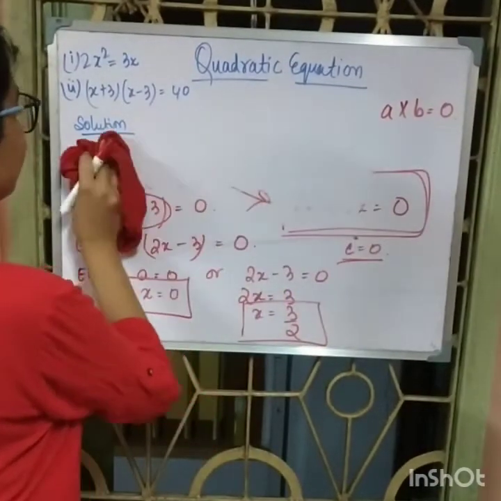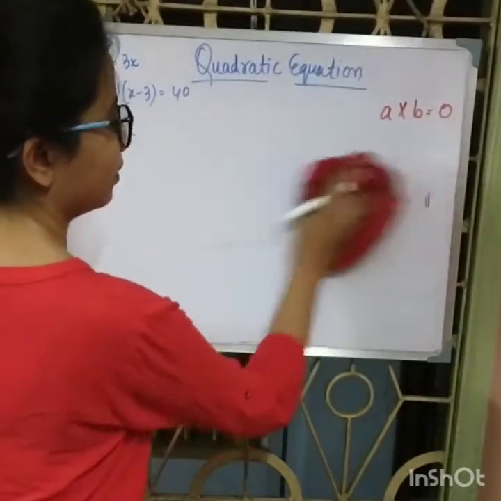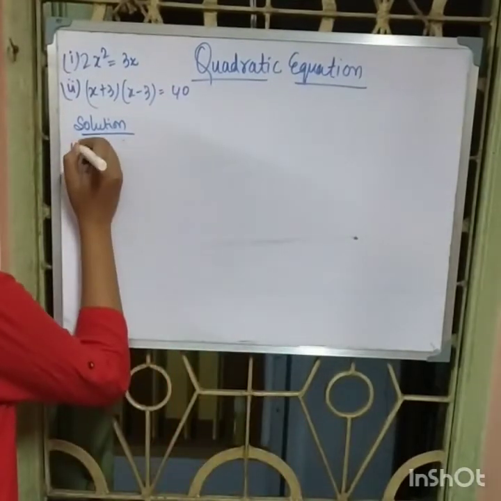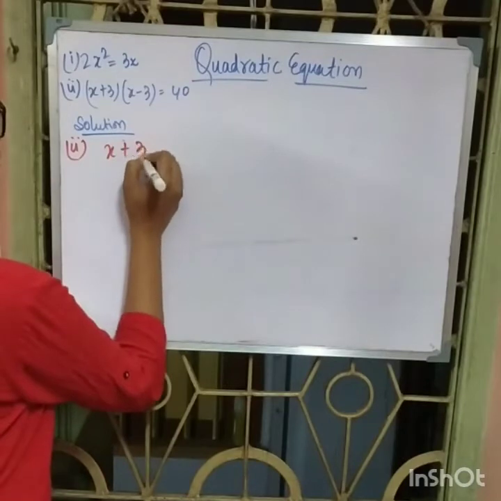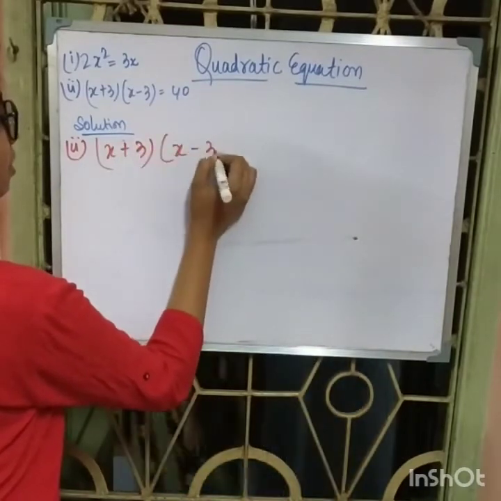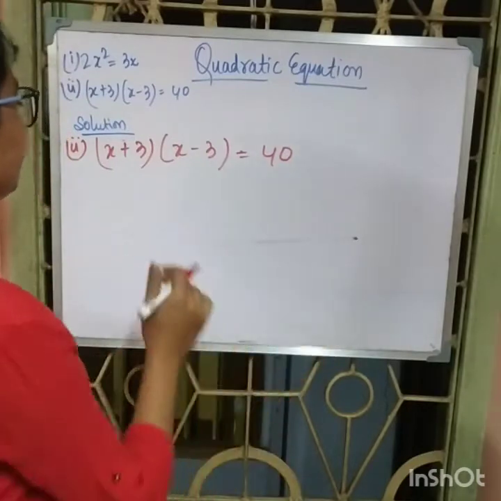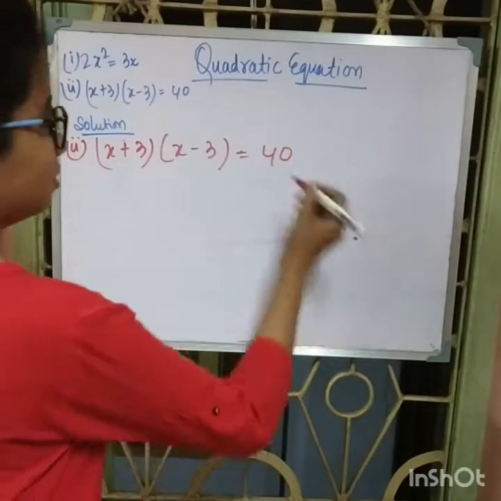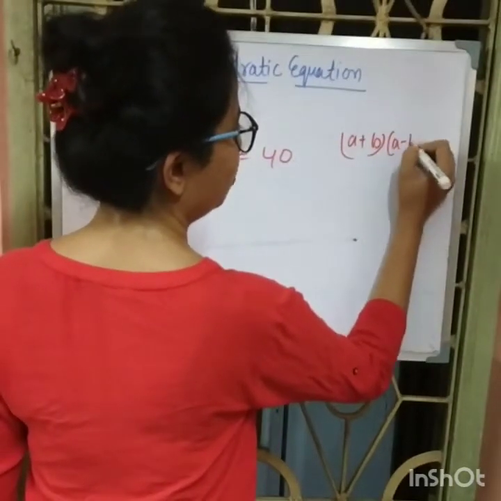Let's solve another example. Next example. Okay, we'll solve it a bit faster. x plus 3, x minus 3 is equal to 40. So first we will just multiply, and we need not even multiply because we can see here is a form of a plus b into a minus b.